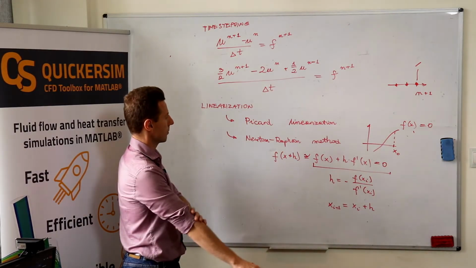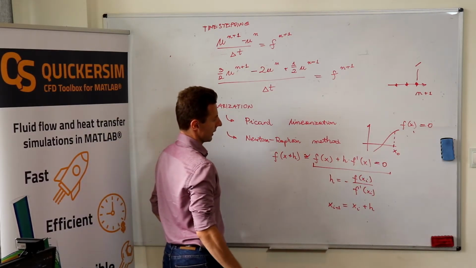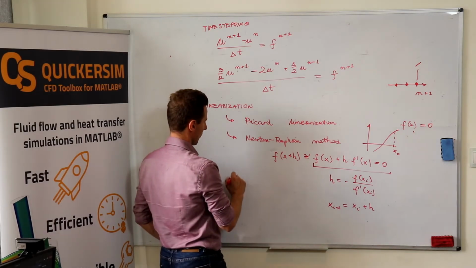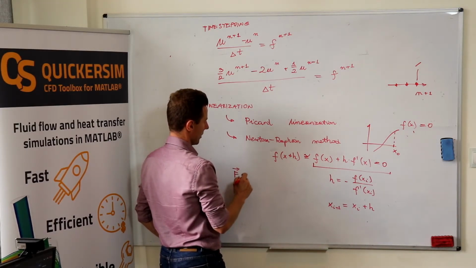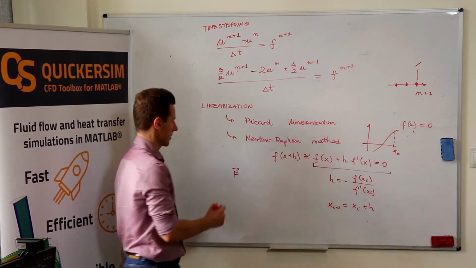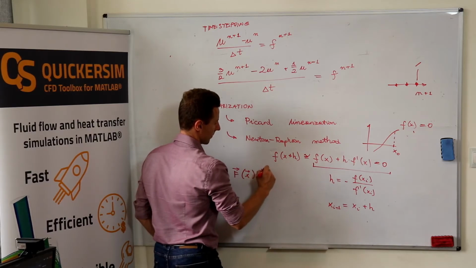The Newton-Raphson method is the idea that you do the same thing, but you do it for a vector function. So you've got the whole system of nonlinear equations written in the form like that.